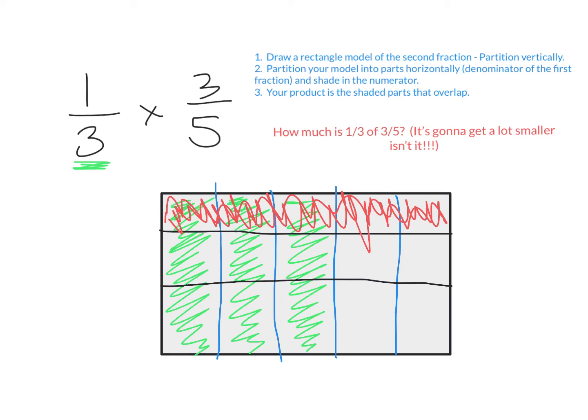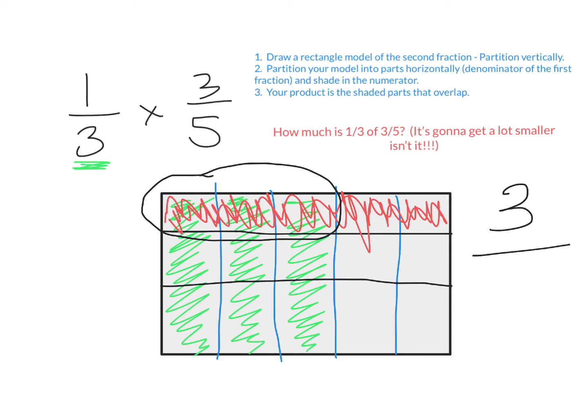Number 3 says that your product is the shaded parts that overlap. So my shaded part is right here, and there are 3 of them that overlap. Now, 3 squares that have 2 colors in them, and now I need to figure out how many total pieces I made.